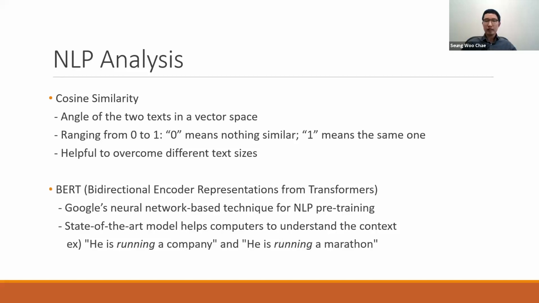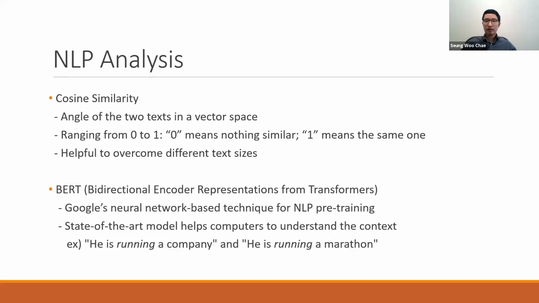Mathematically, the range could be from -1 to +1, but normally for text analysis, the range is from 0 to 1. 0 means there's nothing similar between the two texts. Conversely, 1 means the two texts are the same. One important advantage of cosine similarity over other tools is that it is free from size differences between the texts, which is beneficial for the text set in this study, as we said.